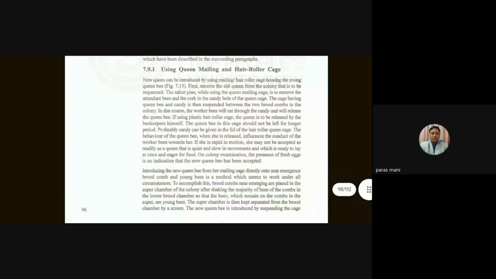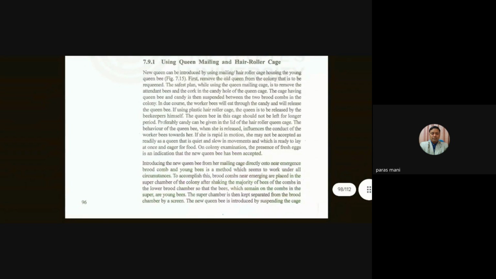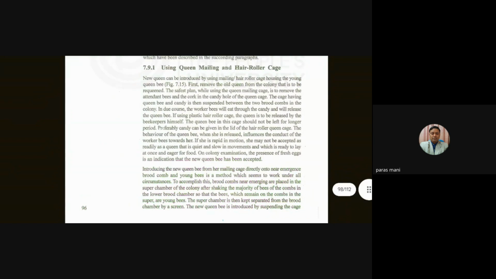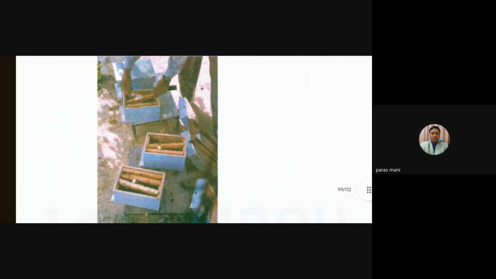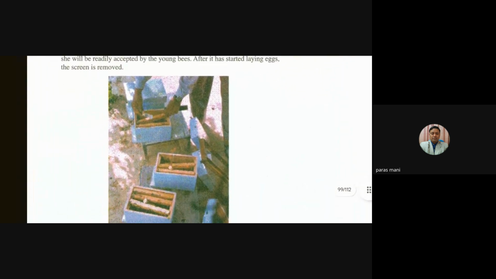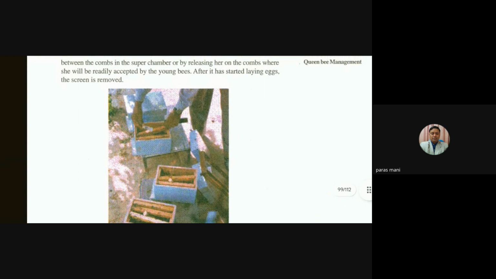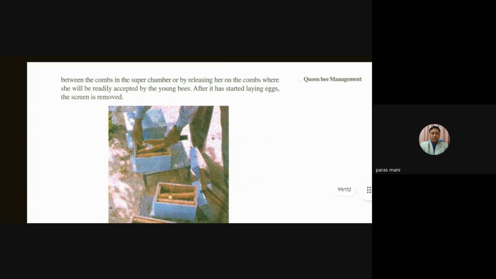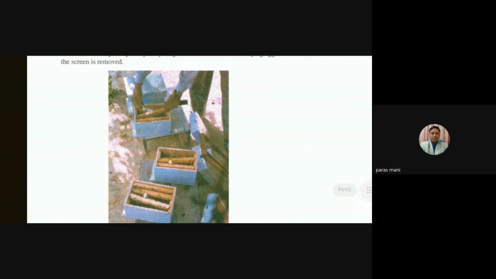One method is using queen mailing and a hair roller cage. Here such a queen cage will be used. Before releasing the new queen, the old queen will be dequeened earlier, usually 3 days earlier, and the new queen will be introduced along with the queen cage.